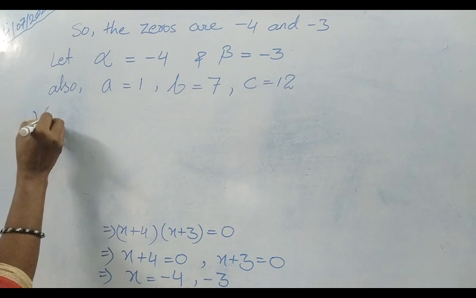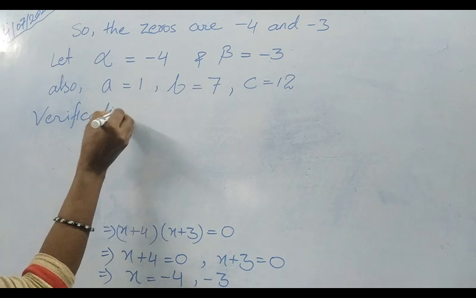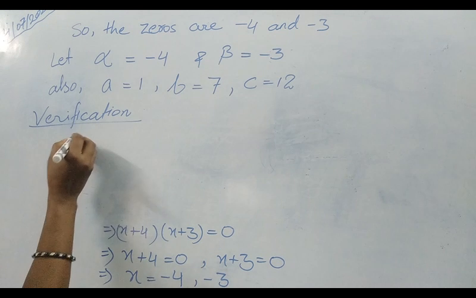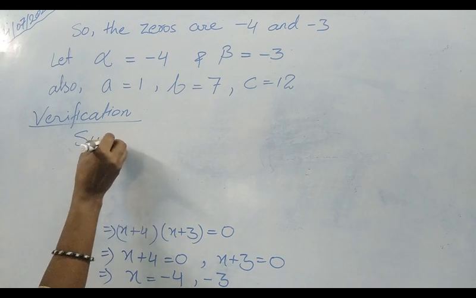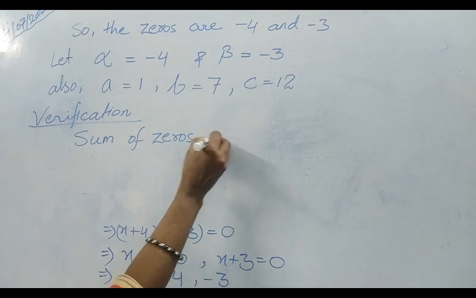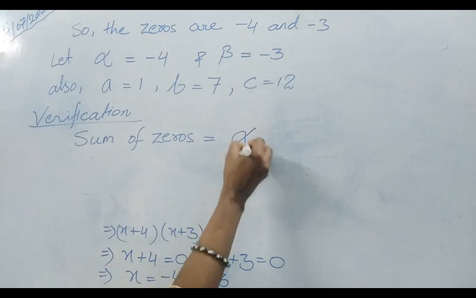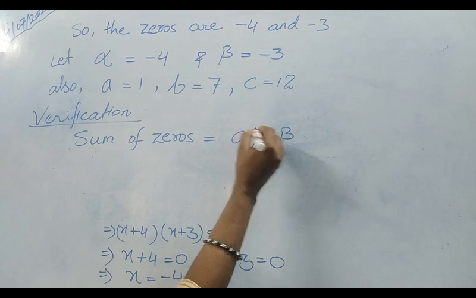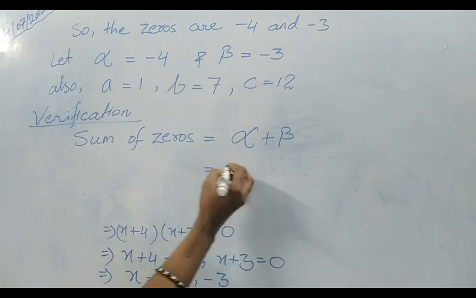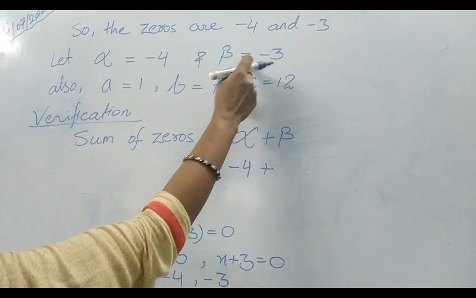So verification. In verification, we are going to find out the sum of zeros. Sum of zeros means alpha plus beta. So take the value of alpha as minus 4 plus beta as minus 3.